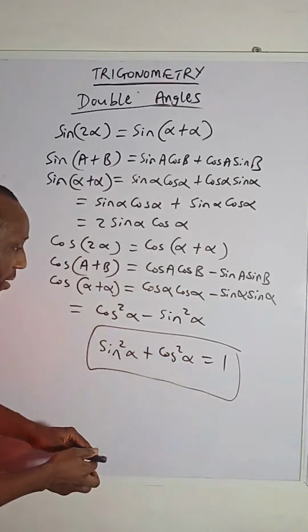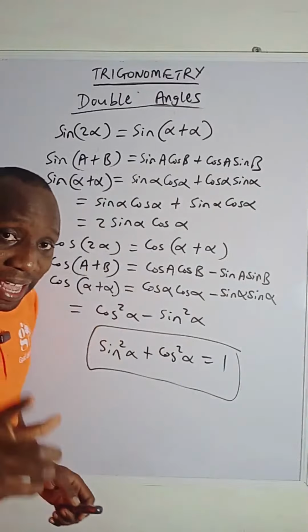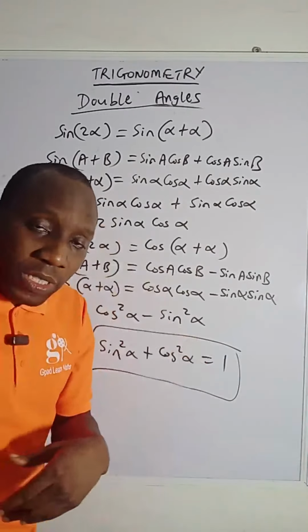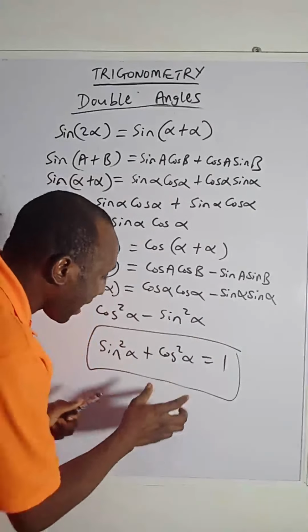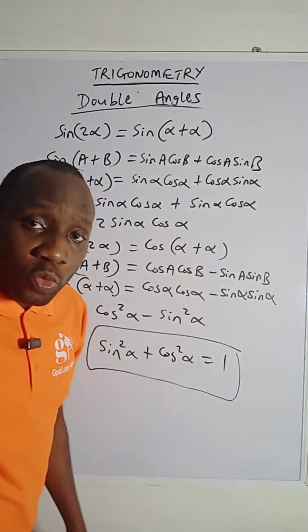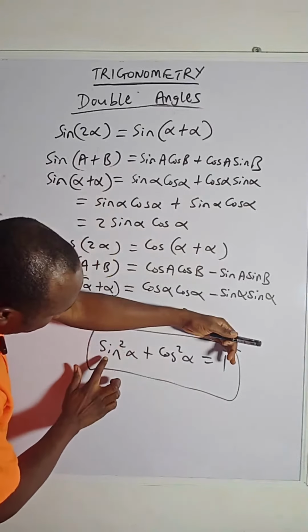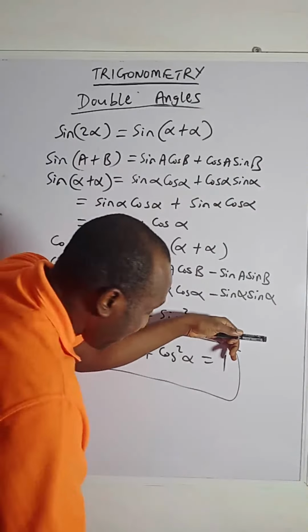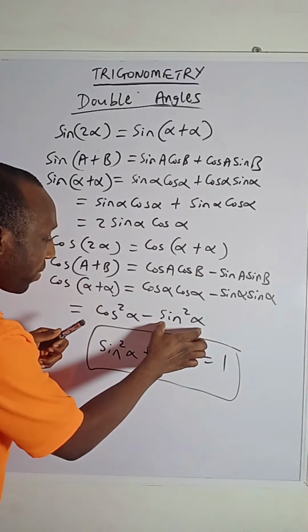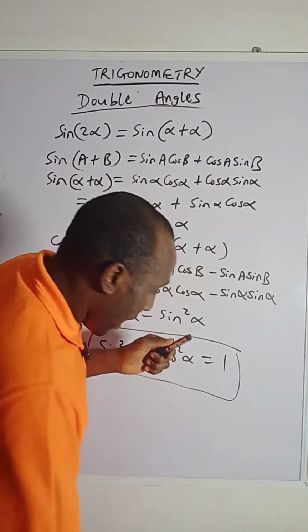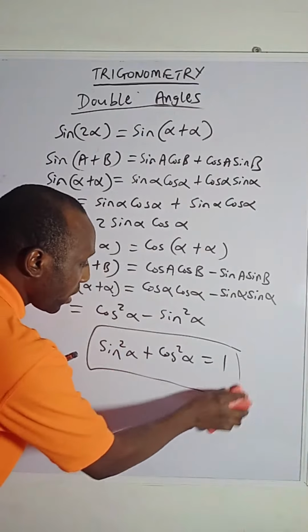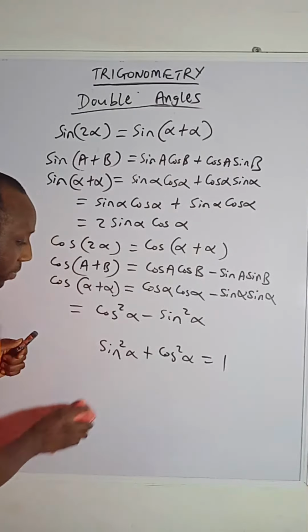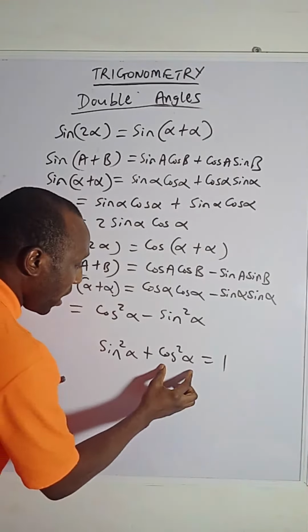So see, I want to express everything in terms of cos. This is sine, but I want to change sine to cos. I can use this identity to do that. If we know that sine squared alpha plus cos squared alpha is equal to 1, and I want to express this in terms of cos, I am going to move cos squared alpha to the right hand side.